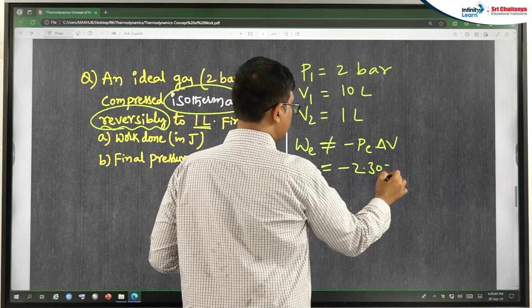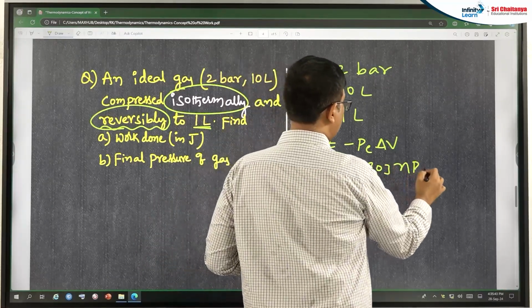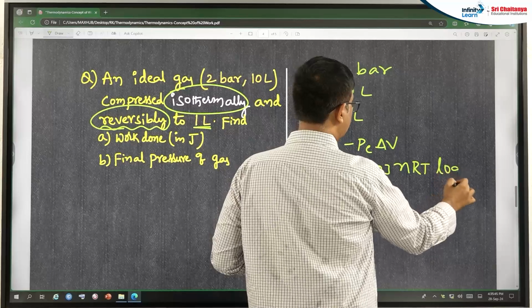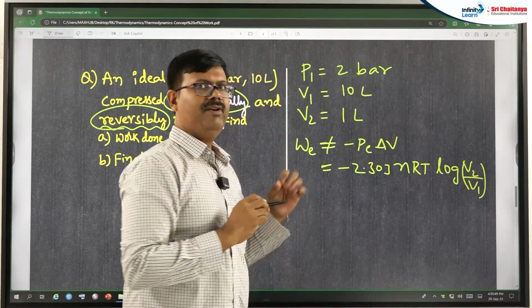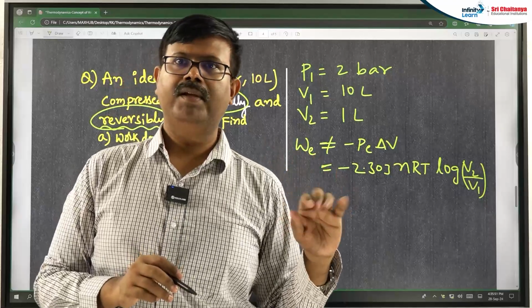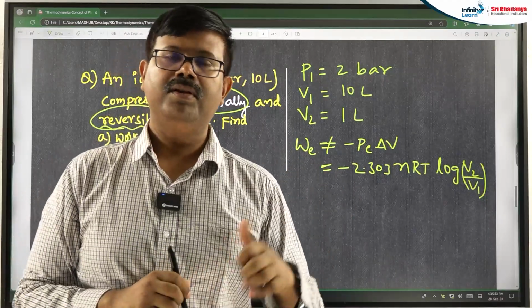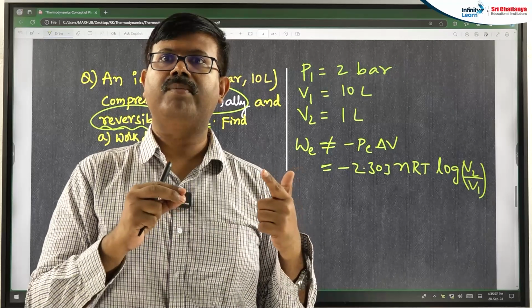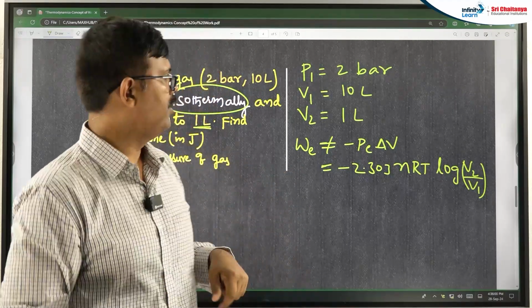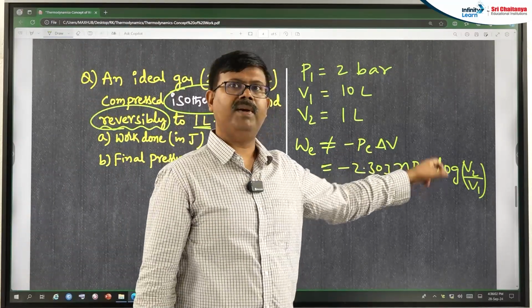Minus 2.303 nRT log V2 by V1. Now see, V1 we know, V2 we know, but if you read the question, there is no information on moles and no information on temperature. So we don't know the n value, we don't know the temperature value.